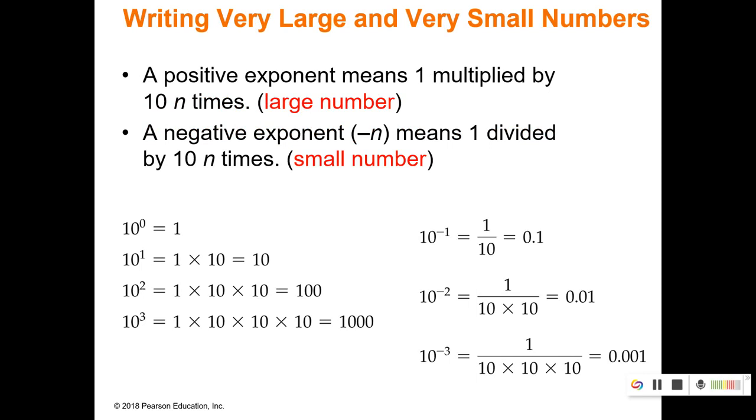So this slide is for standard notation. Okay, from scientific notation to standard notation. Positive exponent means you multiply your number by 10 to the positive number, and this will result in a large number.